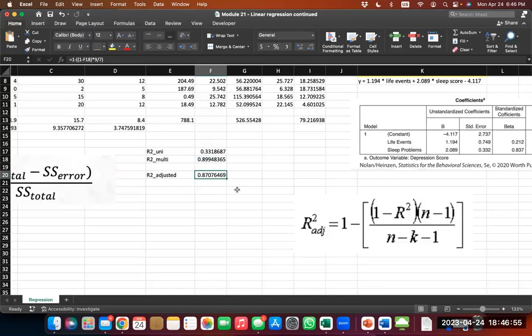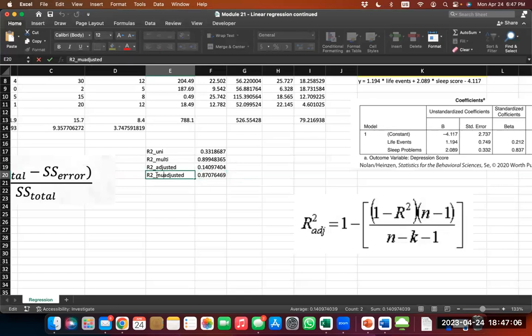So you penalized it for the number of subjects and the number of variables. This is R squared multi adjusted.